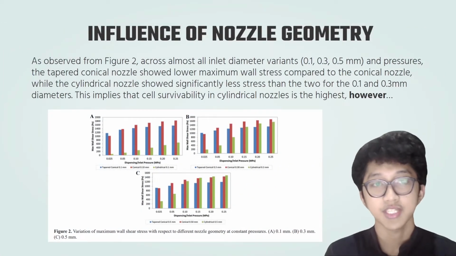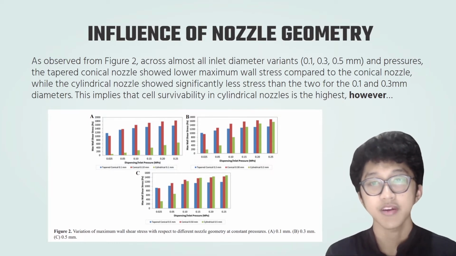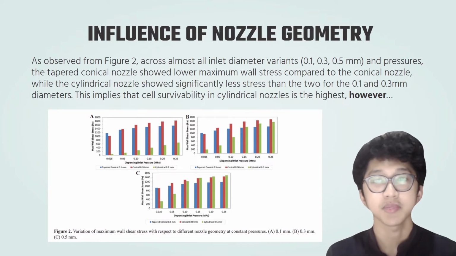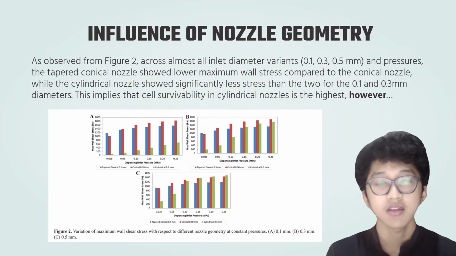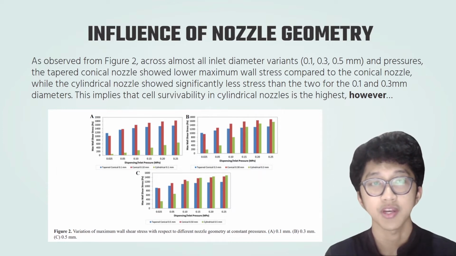From their simulations, the authors found that across almost all inlet diameter variants, being 0.1, 0.3, and 0.5 millimeters of diameter, as well as through different inlet pressures, the tapered conical nozzle geometry showed the lower maximum wall stress compared to the conical nozzle.